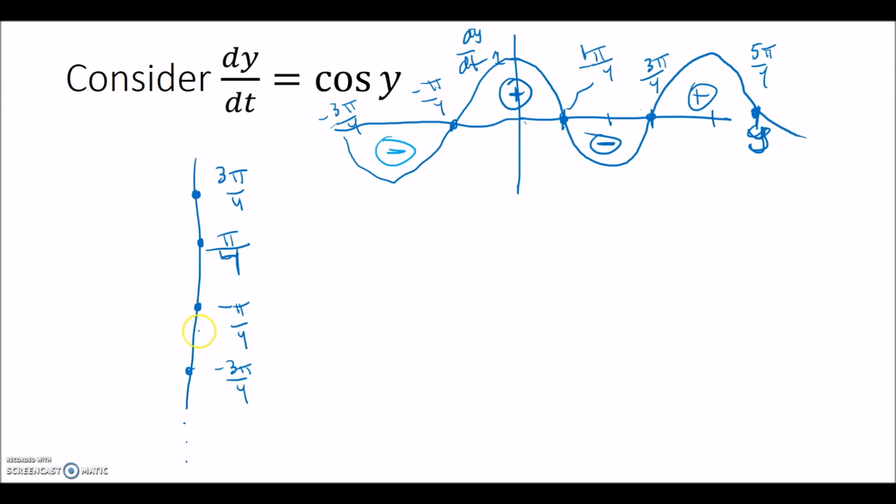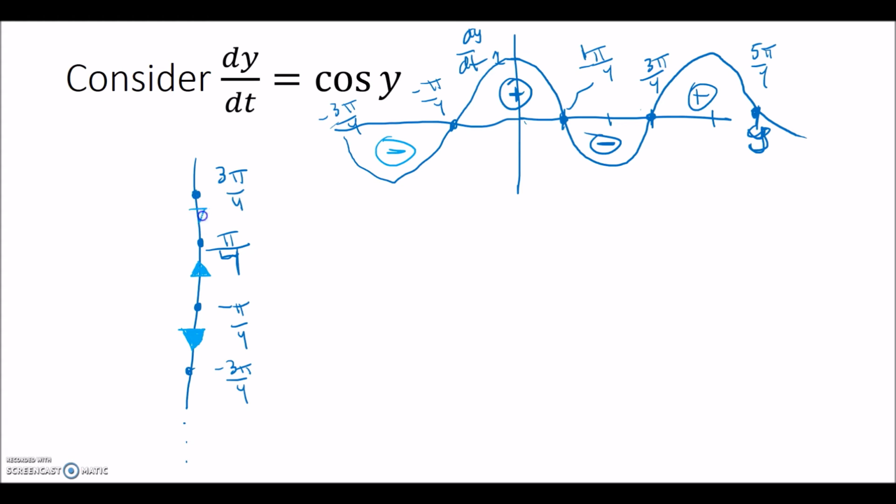So if it's in here, then the slope is negative, which means that the solution function, y of t, will tend downwards. And if y is between -pi/4 and +pi/4, then the slope is positive, and therefore any initial condition falling between those two values will result in an increasing function of y versus time.